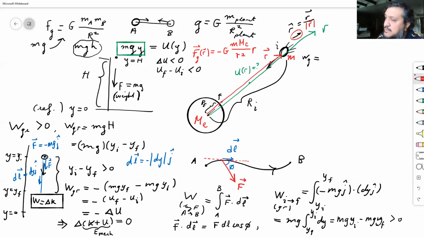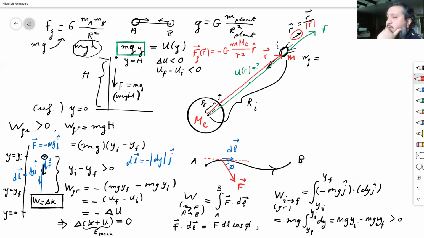And I put an r hat here. Okay, it means the force is attractive and it's pointing towards the Earth. All right, so sometimes you would change this with just r, and in the denominator you would have r cubed instead of r squared, just in case you see it like that.